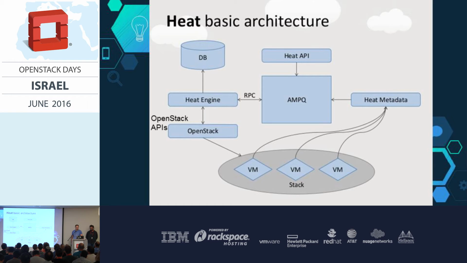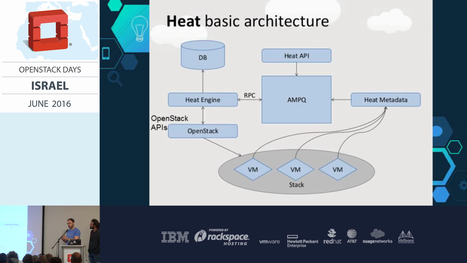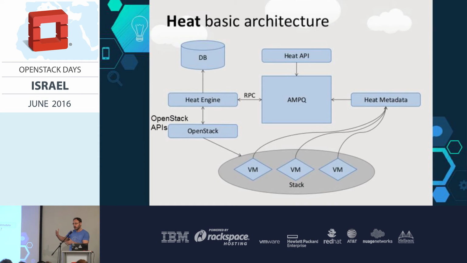The important thing here is that the Heat engine itself also talks with the various OpenStack APIs. So everything that you would need to orchestrate first needs to be implemented as part of the OpenStack APIs, and then Heat itself needs to implement the resources to orchestrate as part of Heat itself.